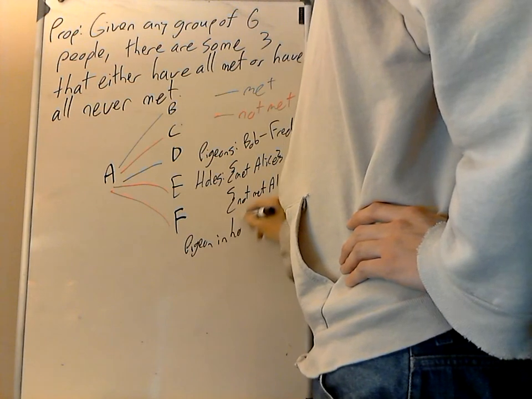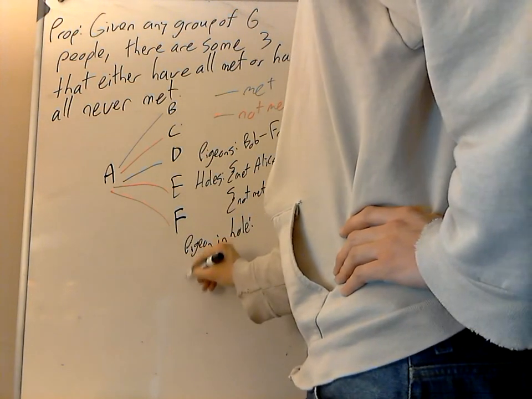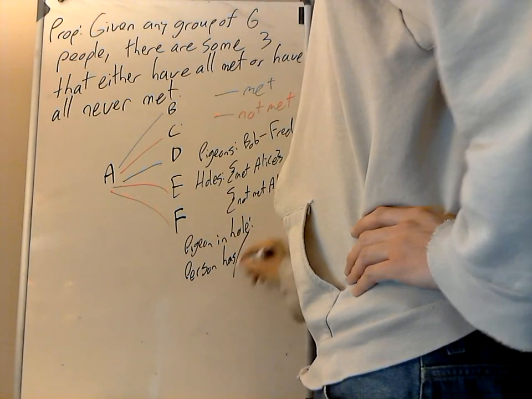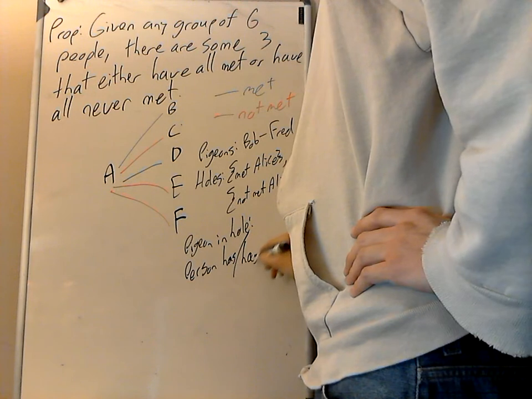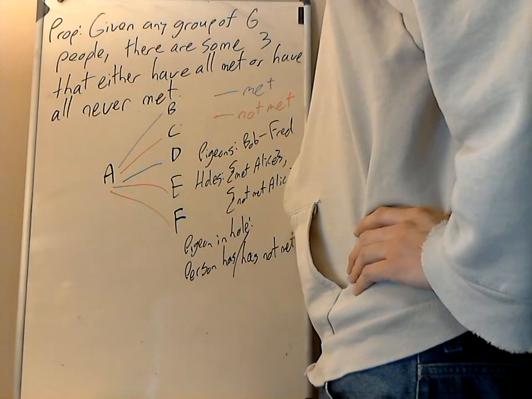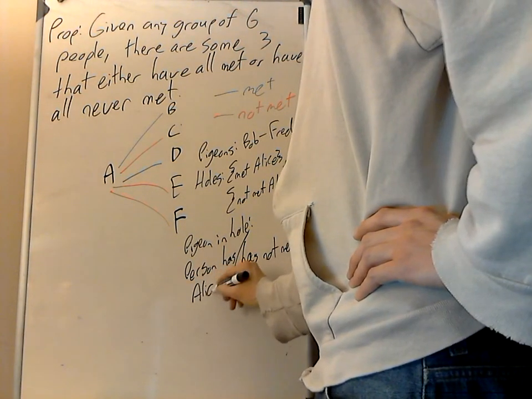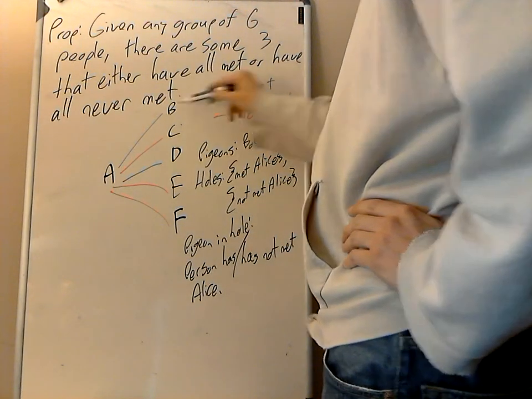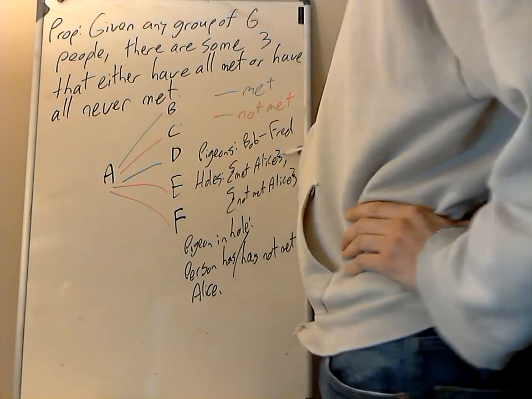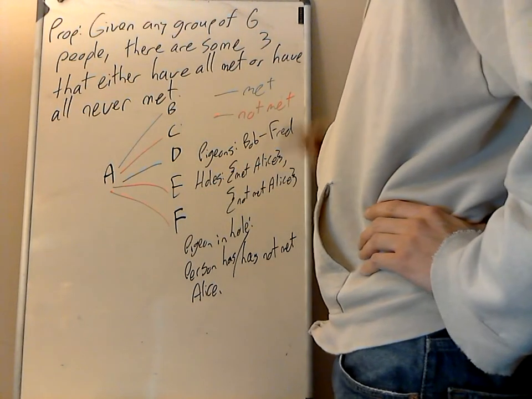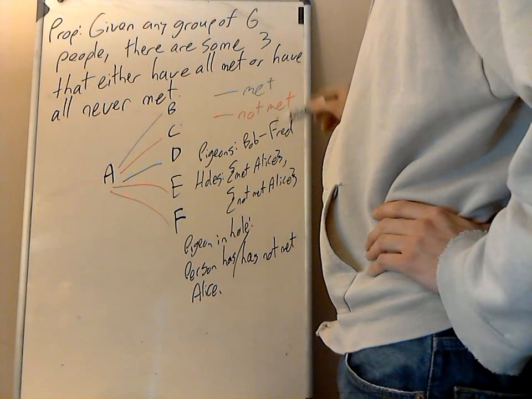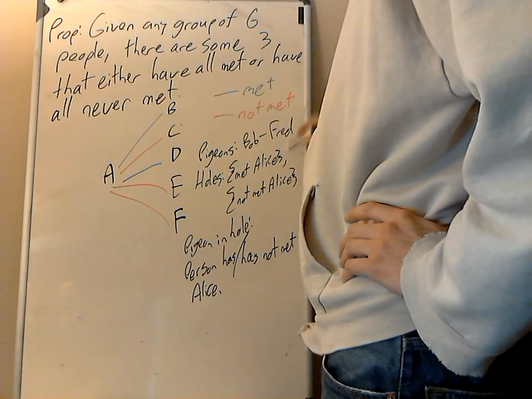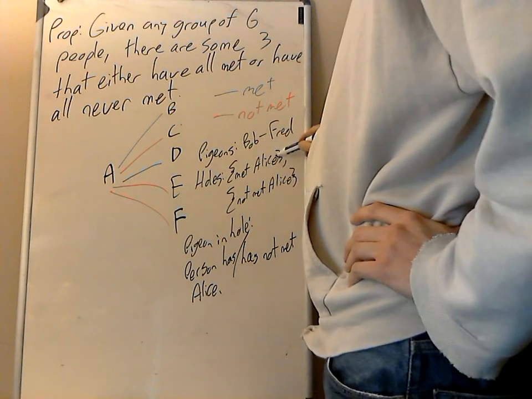And a pigeon in a hole simply means the person has or has not met Alice. So since there are 5 pigeons here and 2 holes, and since 5 is greater than 2 times 2, we know that one of these holes must have at least 3 pigeons in it.